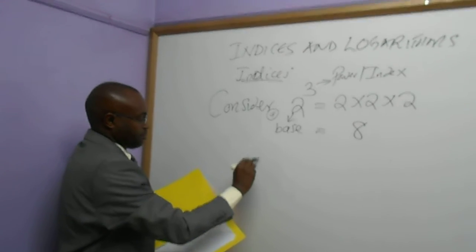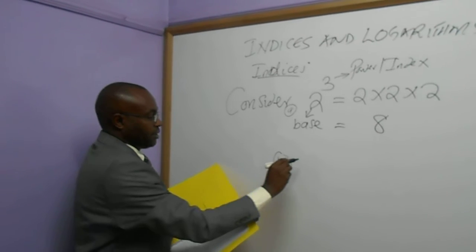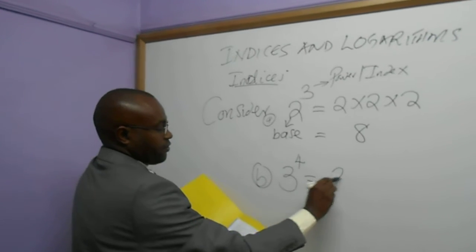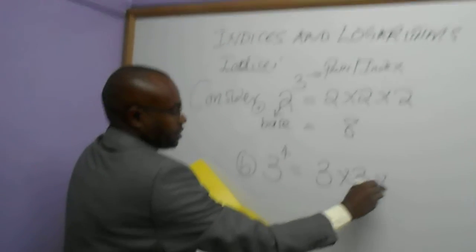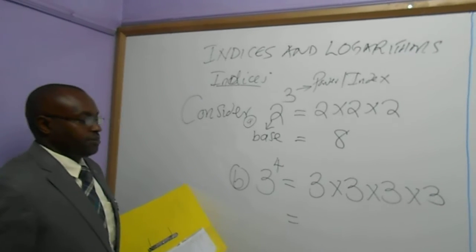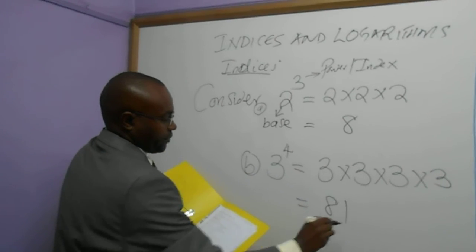We can have another example. Let's call that one example A, and we also have example B, where you have 3 raised to 4. This will mean 3 times 3 times 3 times 3, and that will give us 81.